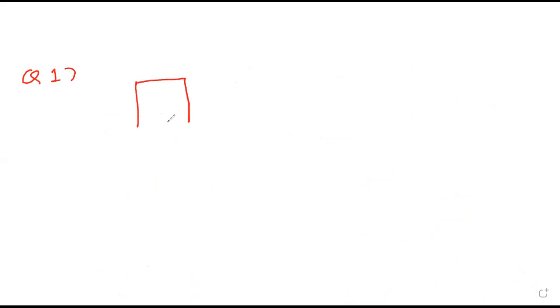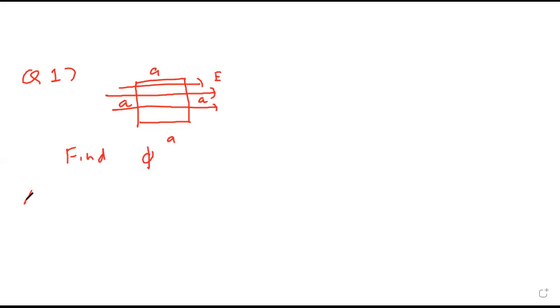This is one plane surface of square, each side is A. This is the field. I want flux. What is the electric flux formula? E bar dot A bar, correct?